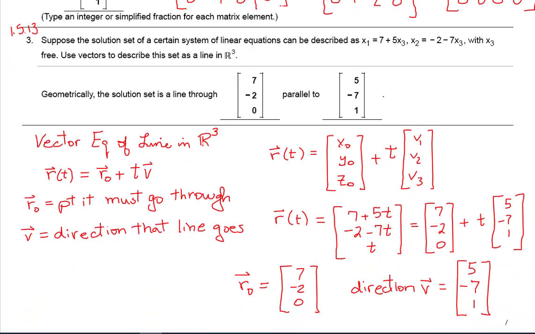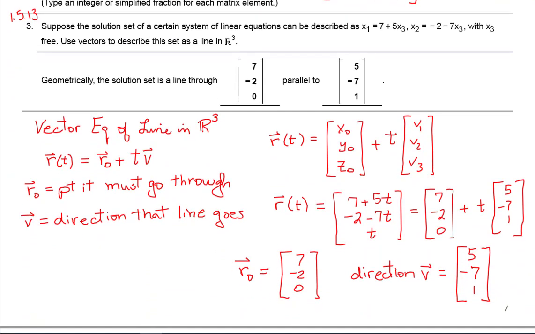All right, and in question 3, we'd like to have a vector equation of a line in R3. So let's talk about that for a moment. A vector equation of a line in R3, and this comes up in Calculus 3.